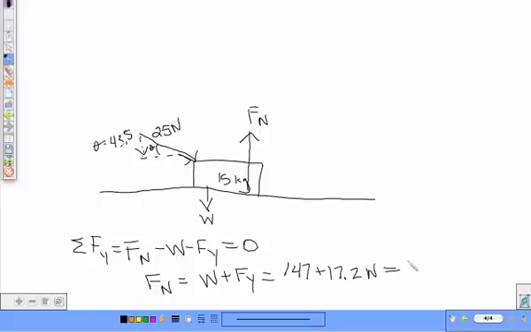So 164.2 for the total normal force. Yep. There we go.